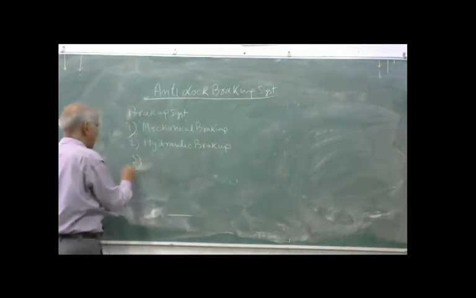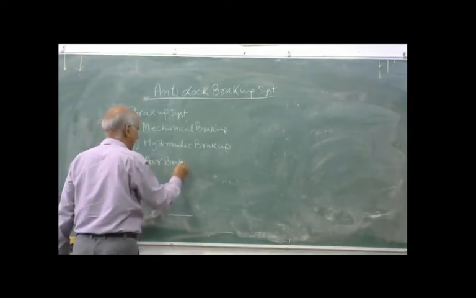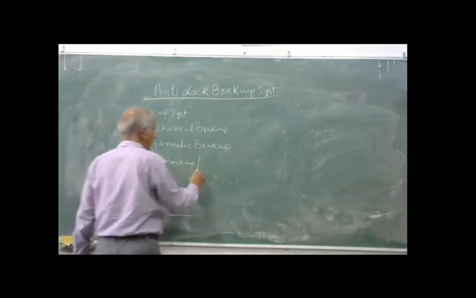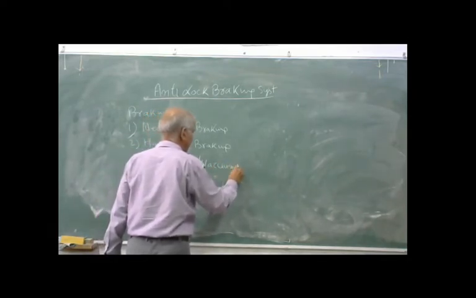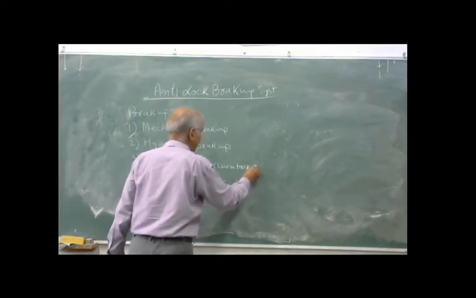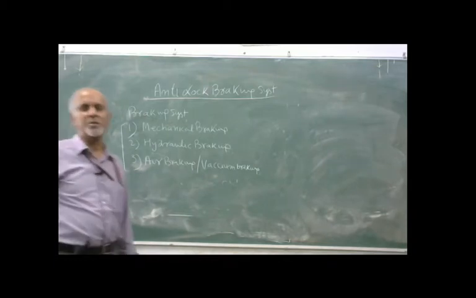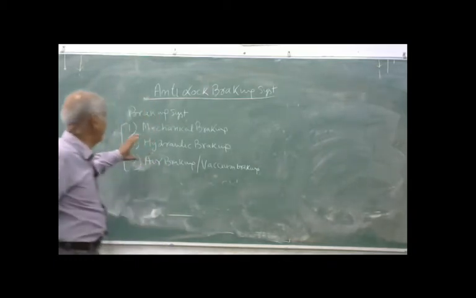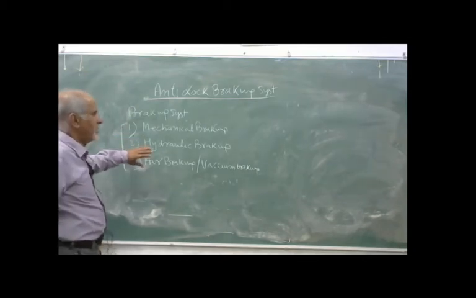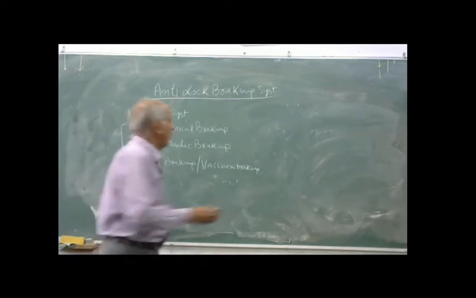And the third one is your air braking and also vacuum braking. So these are basically the three types of brakes which are used in the vehicles nowadays. Now, what are these braking systems? In short, I would like to explain all those things.